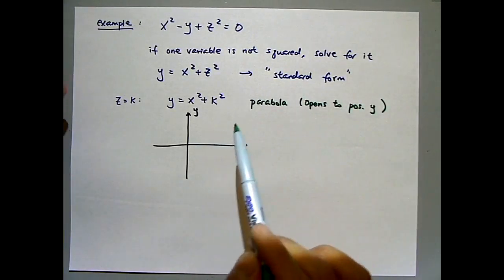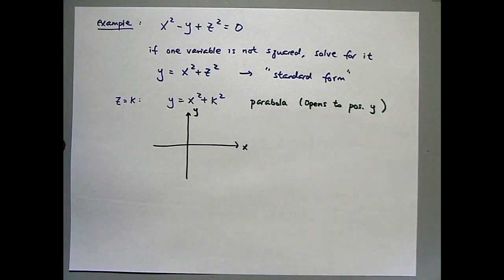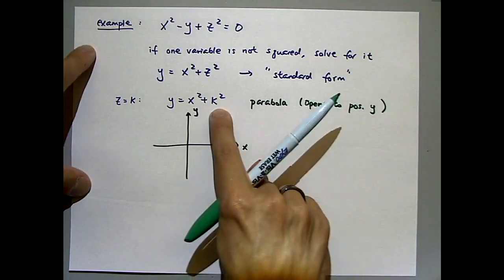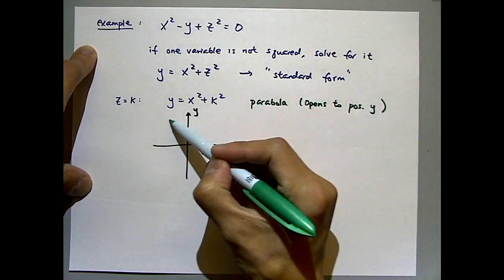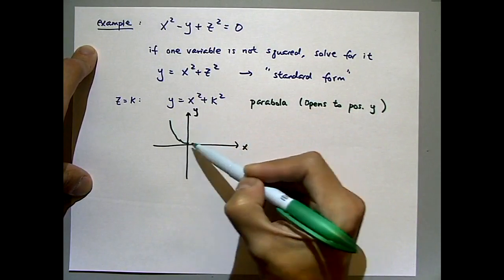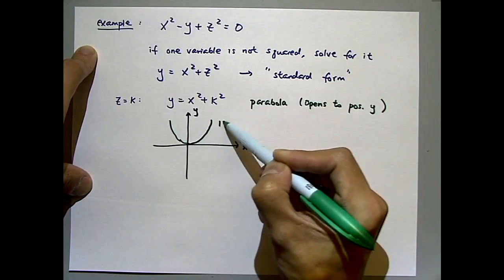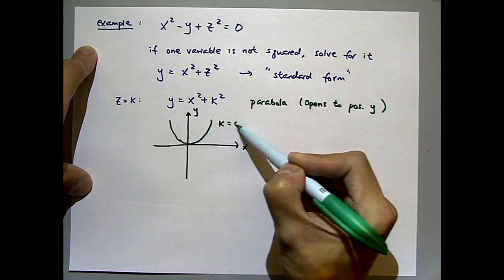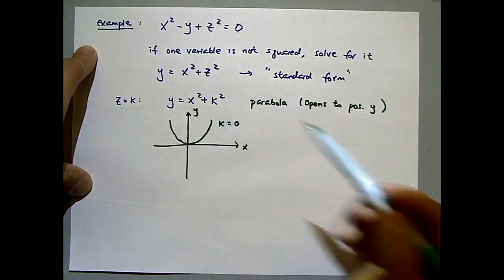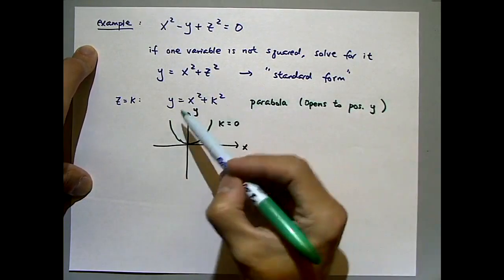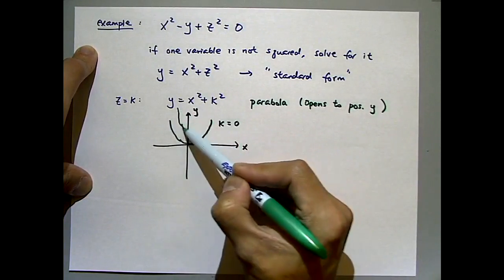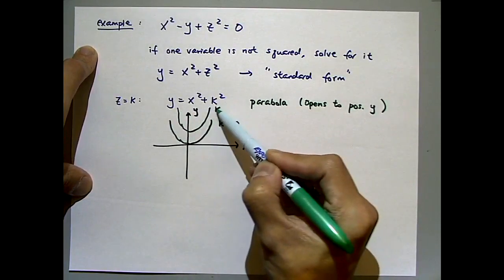And what does k do to the parabola? Very good. It changes the vertex of the parabola. So this is when k is equal to 0. If k is equal to plus or minus 1, for example, it might look like that.